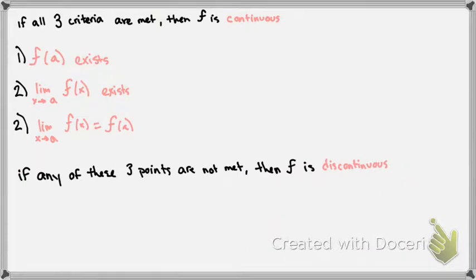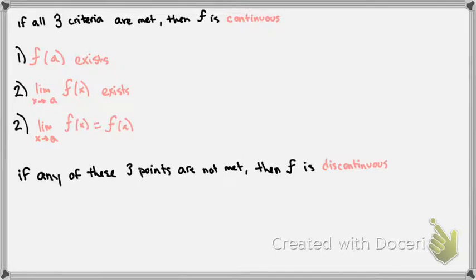So the first one is, does f of a exist? So there is no hole in the graph. There's no point in the graph that does not exist, right? There has to be a point at every single x. That's what this first one means. And then we have, the limit as x approaches a of f of x exists. So the limit has to exist at every single point in the function.